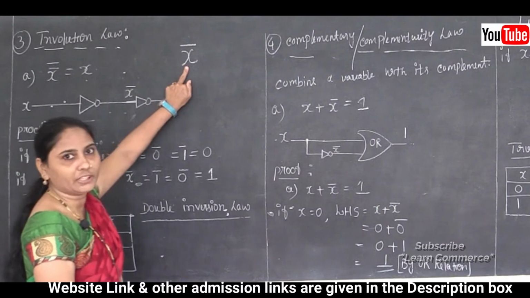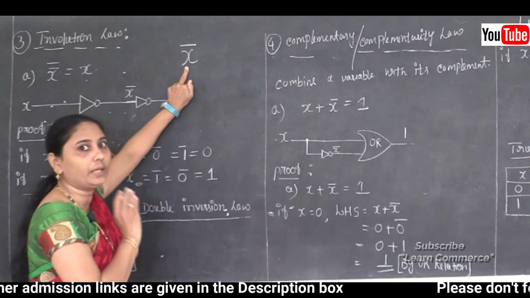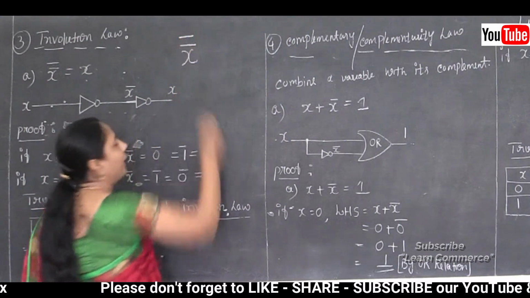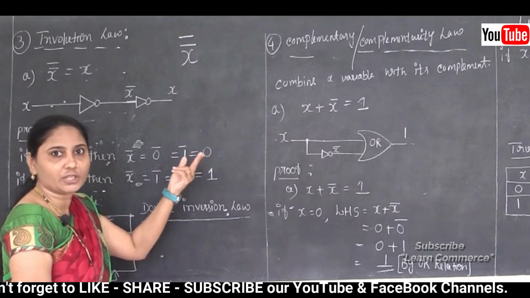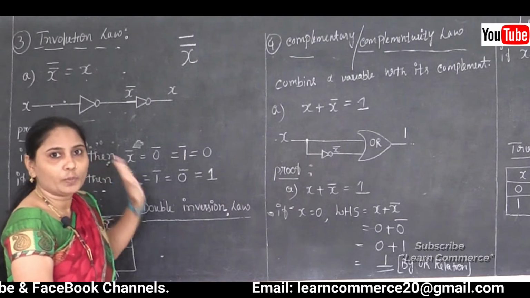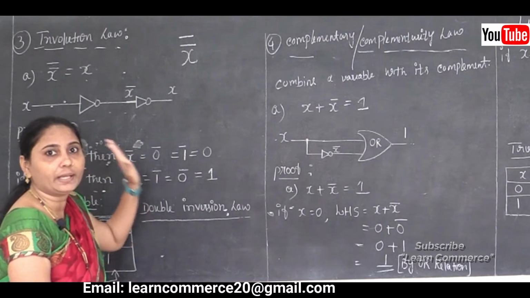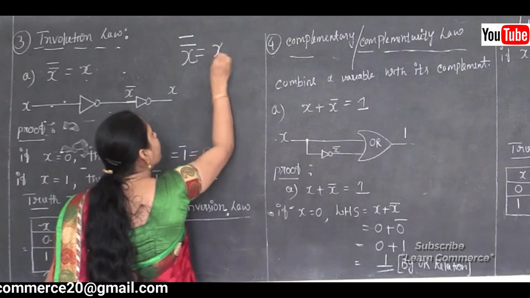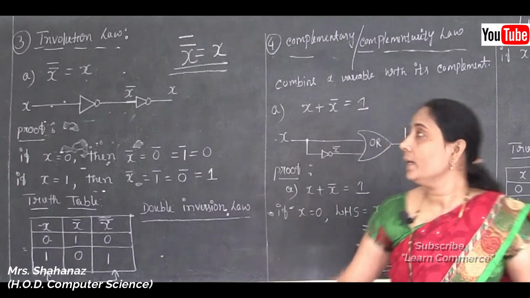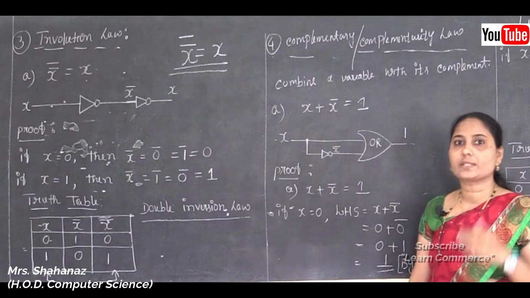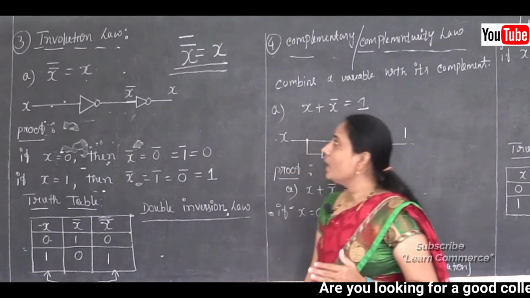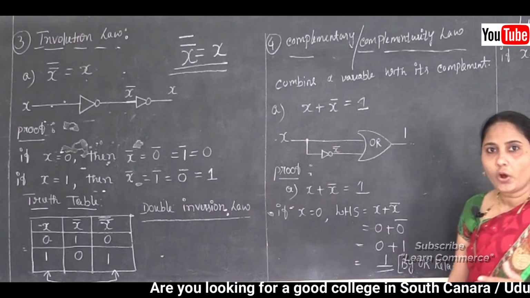In our involution law, the complement of a variable is complemented again, twice. Is this point clear? If a variable is complemented twice, we will get the same variable again. So this is the meaning of the law. Now we are going to prove whether it is true or not.